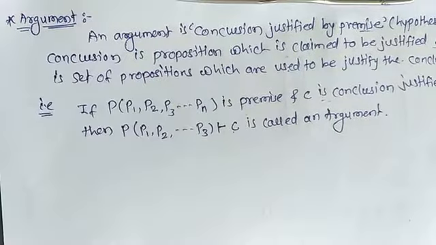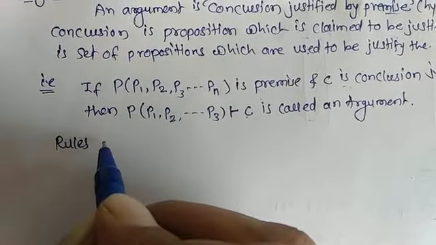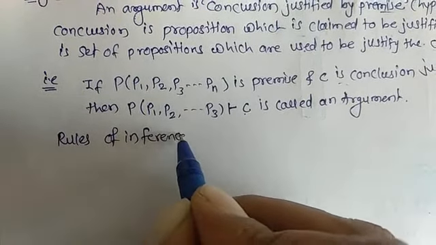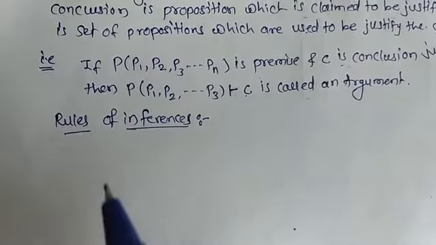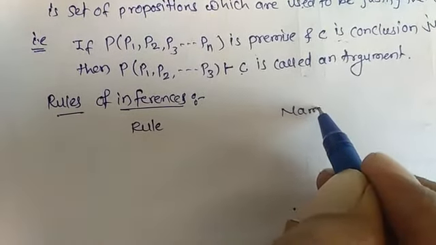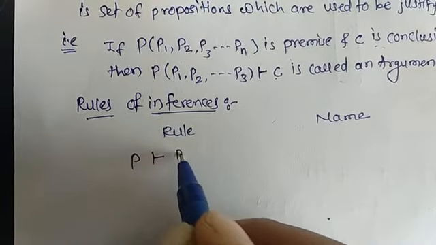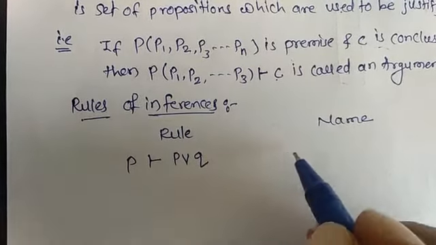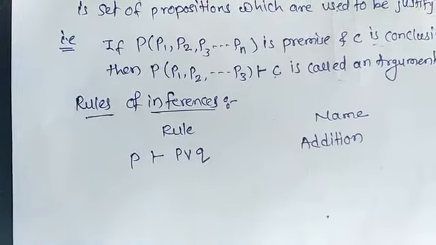Okay, so there are some rules of inference. First, the rule and its name. P concludes P or Q. This rule is known as the addition rule.